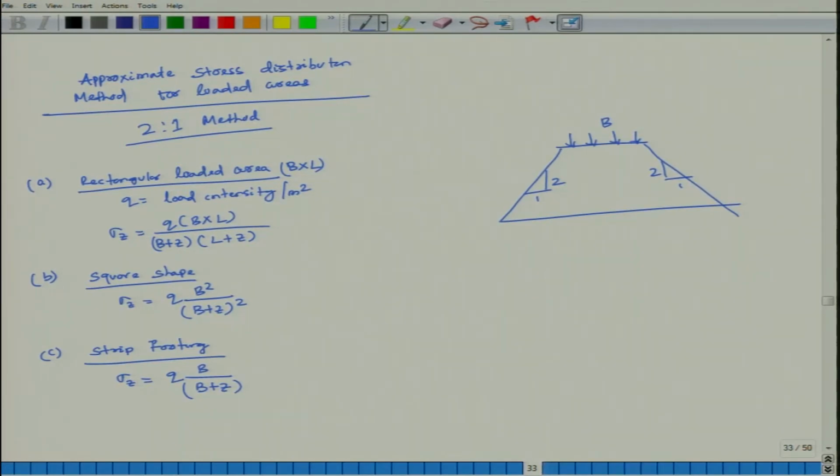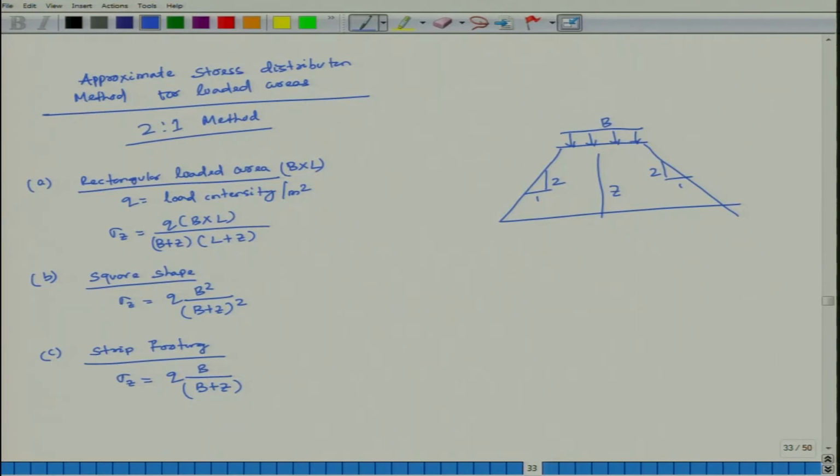So, if this distance is your B, by means of 2 vertical and 1 horizontal, and if this height is Z, you can very easily find out the width here. Then from there, you can find out for the 2:1 method sigma Z, for square shape and for strip footing.